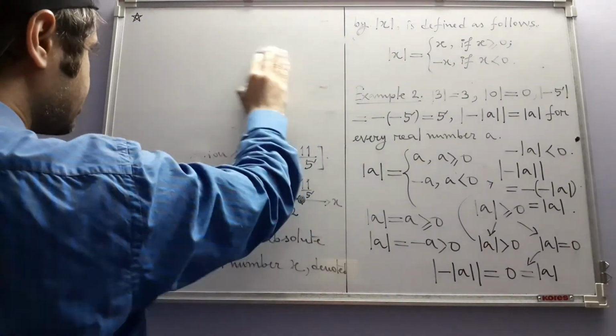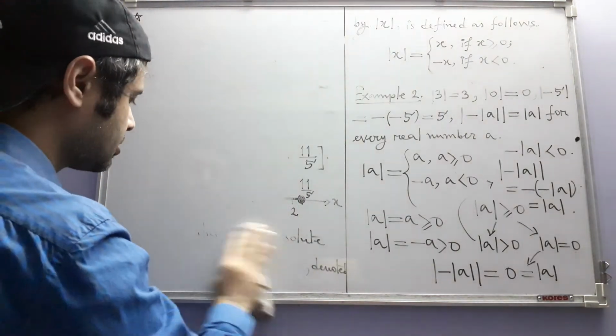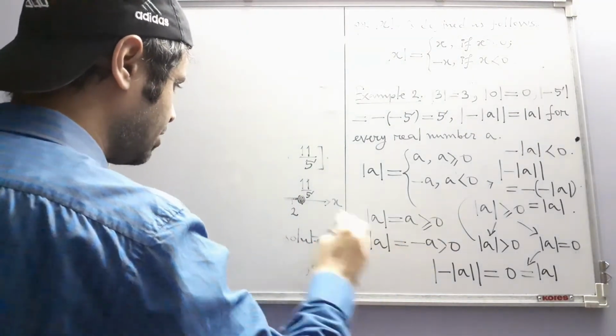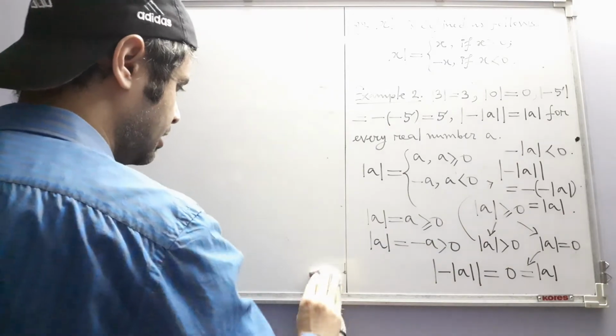In fact, the next thing the author writes is this observation that absolute value is always non-negative. It's never negative.